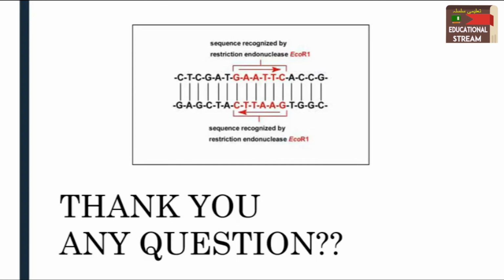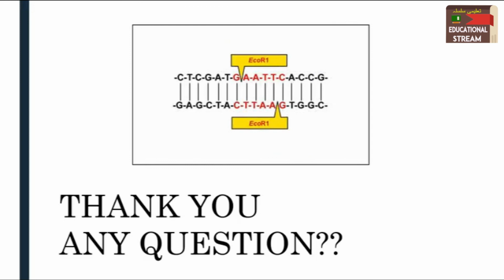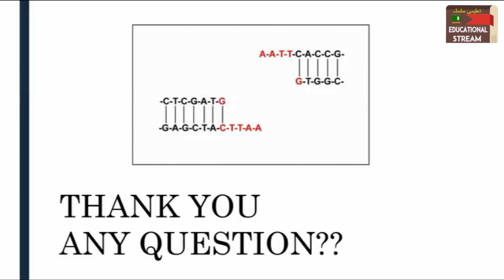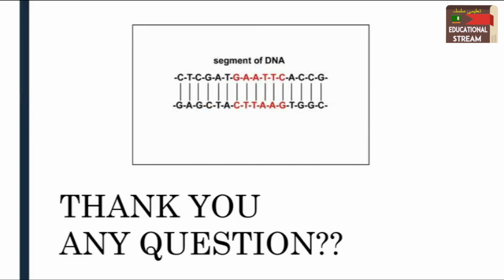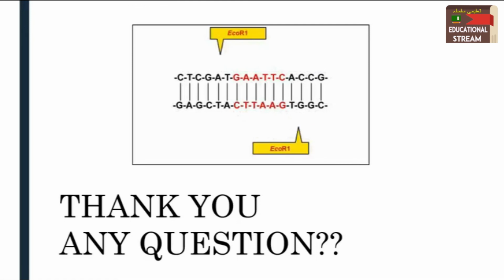Then we have seen which properties we should keep in mind when choosing the vector, that we need to understand the type of the gene that we are going to work with, what restriction sites we are using, what is the insert size or the size of the gene, and we need to know about the copy number of the plasmid.